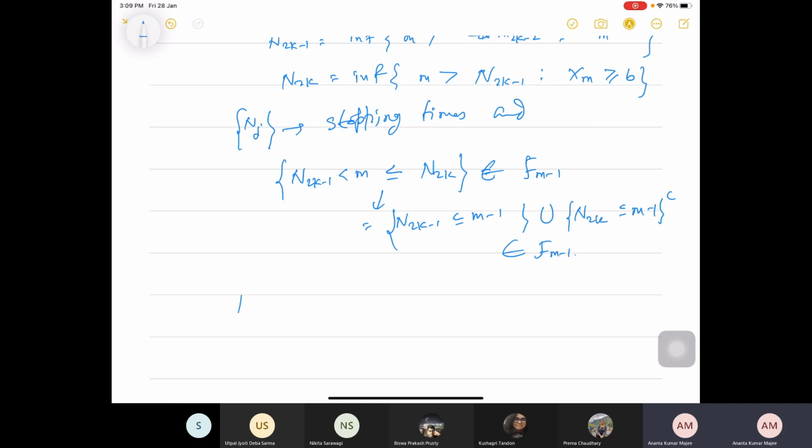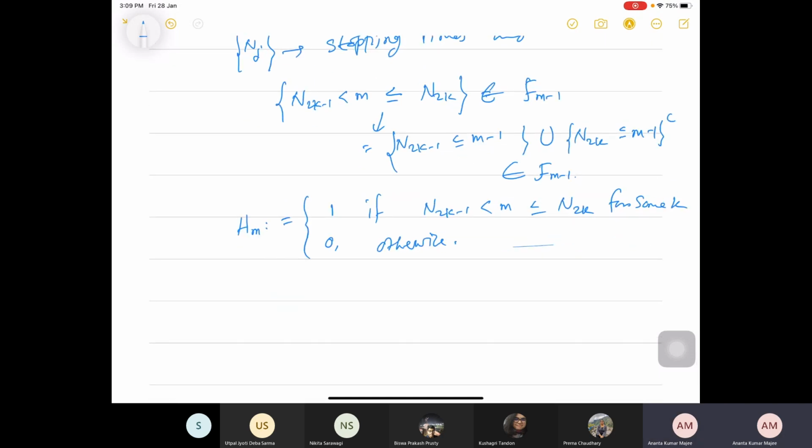Now I define my h of m, which is equal to 1 if n of 2k minus 1 less than m less than or equal to n of 2k for some k. So in this set I am putting 1 and 0 otherwise. Since this event is F of m minus 1 measurable, what I can say is this h of m is predictable.